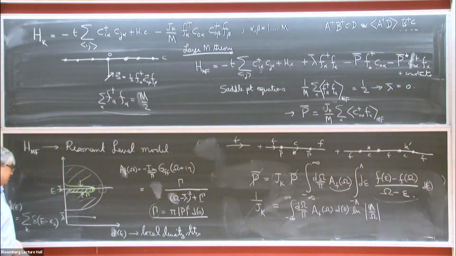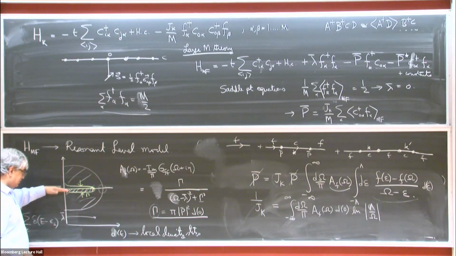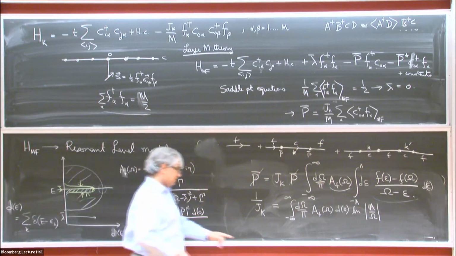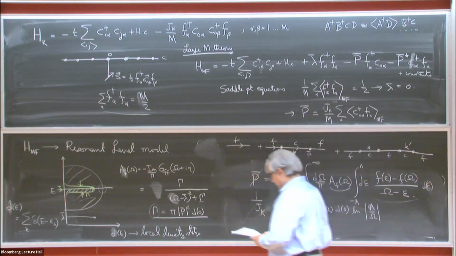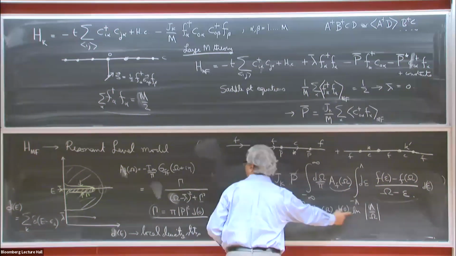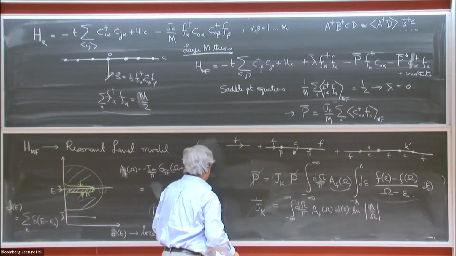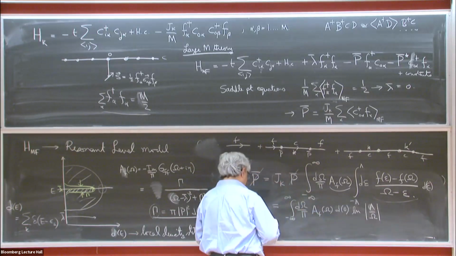We'll see eventually that this log divergence has an origin in the fact that this f state has a single energy. It has no dispersion. That's what leads to this. This is the same log that we saw earlier in the Kondo perturbation. And now this is a Lorentzian times the log, and in the limit where the Lorentzian is very narrow, you can evaluate this integral too.